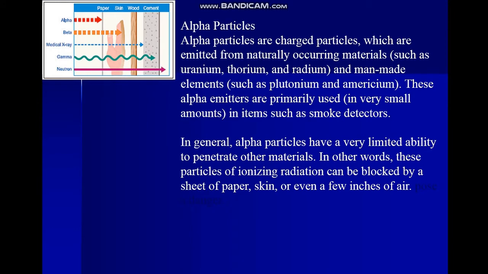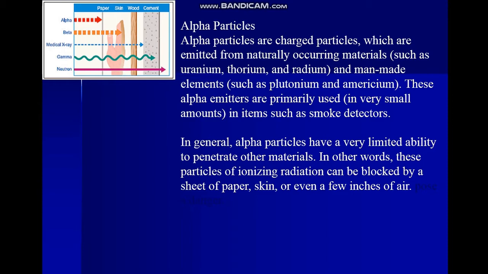The next type of ionizing radiation is the alpha particle. In this picture, you can see the penetrating ability of different types of ionizing rays. First of all, you can see alpha particles. Alpha particles are charged particles which are emitted from naturally occurring materials, for example uranium, thorium, and radium, and man-made elements such as plutonium and americium.